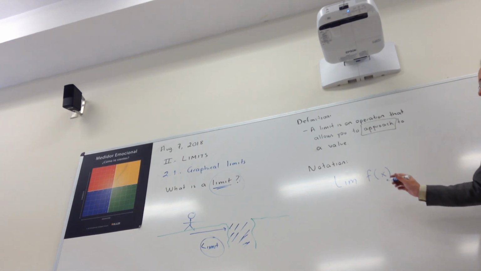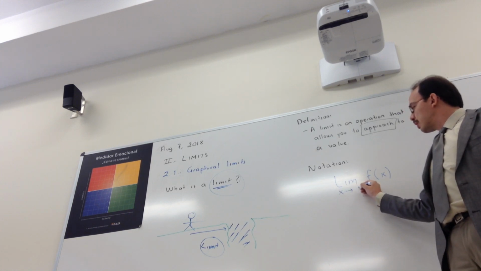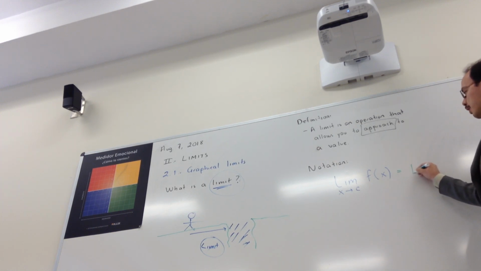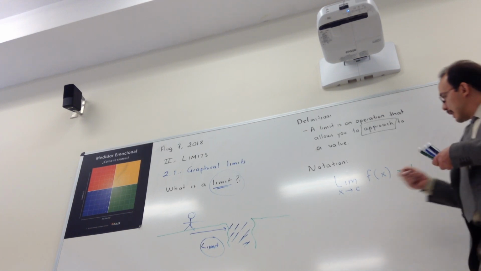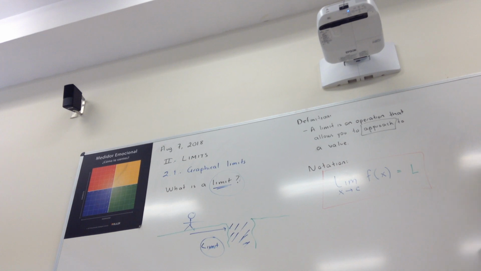We're going to call it f of x right now. And then here you're going to put the value that you're going to approach to in the x-axis. And that is going to be equal to a certain value here. That's the definition, that's the notation. We're going to do examples with numbers, but right now, this is the way that we're going to write the limits.